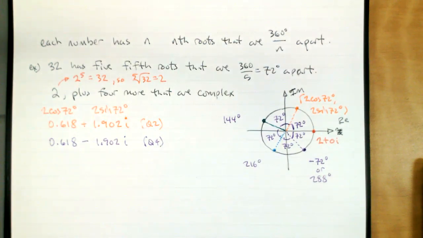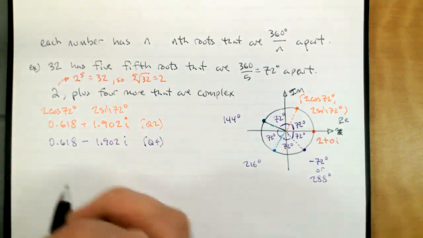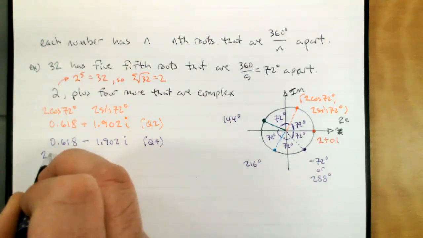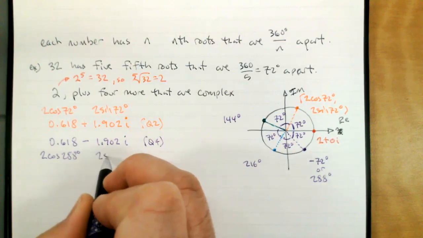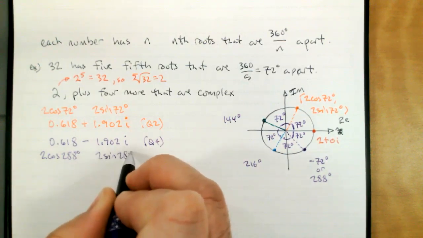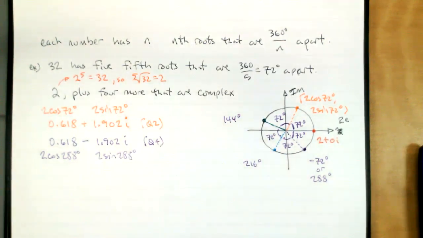So that's where those numbers came from: the radius times the cosine, and then the radius times the sine. And then down at the bottom, it would be 2 times the cosine of 288 and 2 times the sine of 288. Questions?